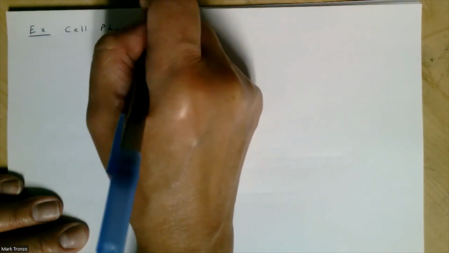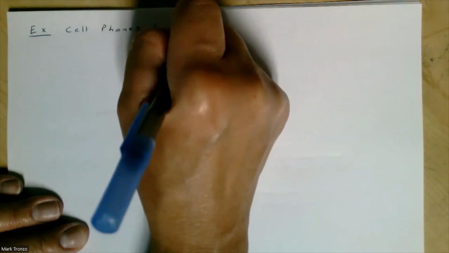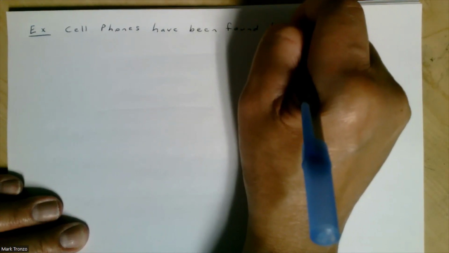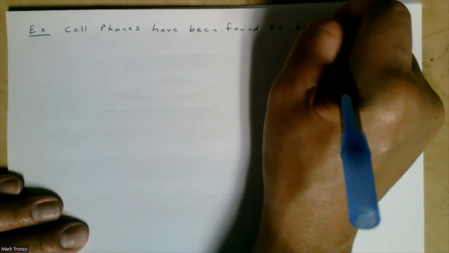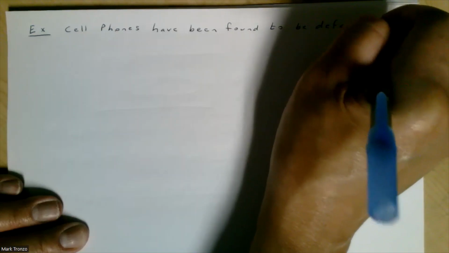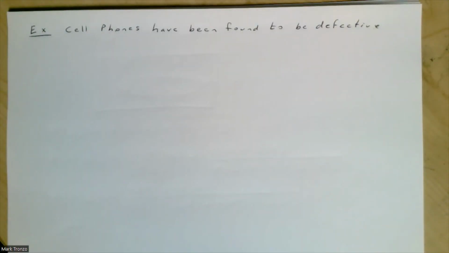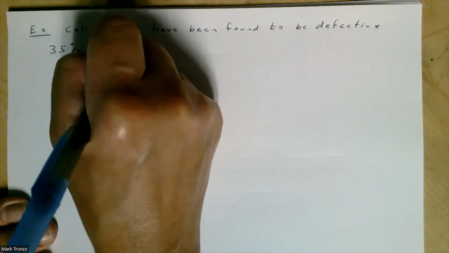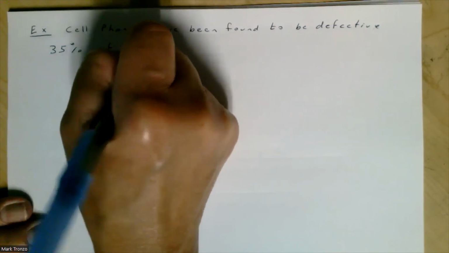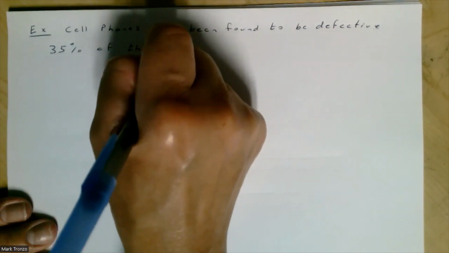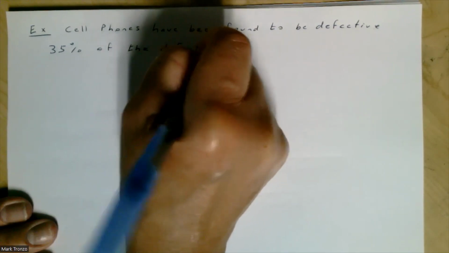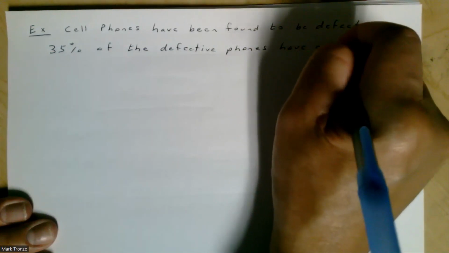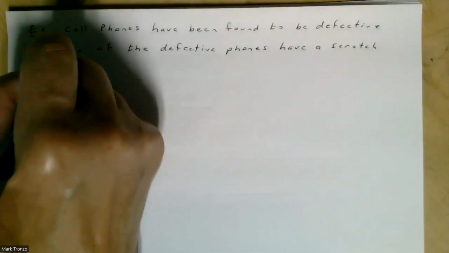So say cell phones have been found to be defective, and it's found that 35% of the defective phones have a scratch on the case.